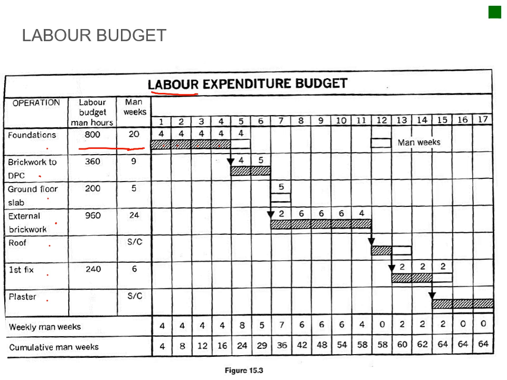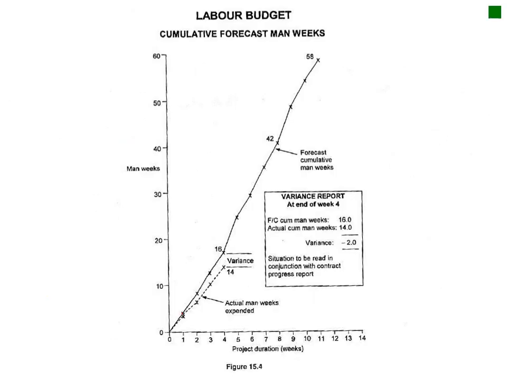So weekly you've got 4 man weeks planned for your first week. Of these for your foundations, another 4 there and a 4 there. So you have your cumulative man weeks here at the bottom, which you just plot on your graph like such.